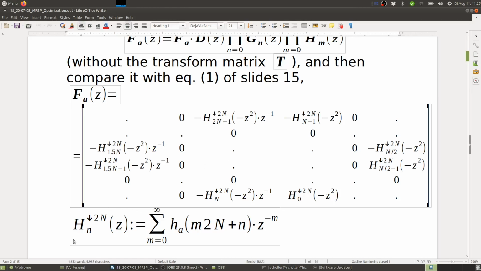So here we can see the definition. If we have these polyphase components, we know they are defined like this, and inside we see this h_A. So from all those polyphase coefficients, basically we have all the h_A coefficients. So we just need to read them out and put them in the right order.